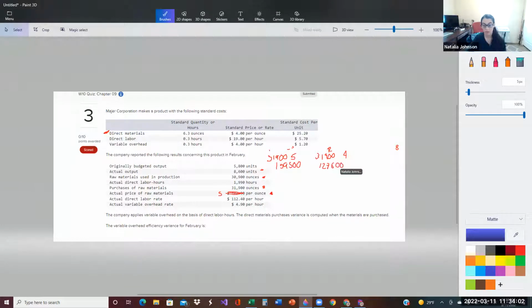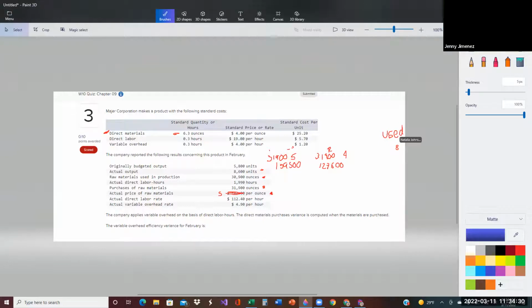Okay, the third column is standard quantity, standard price. So standard quantity is 6.3 ounces per unit. What would be the total? For this one, we're gonna be using used. Will we do the actual output times that?